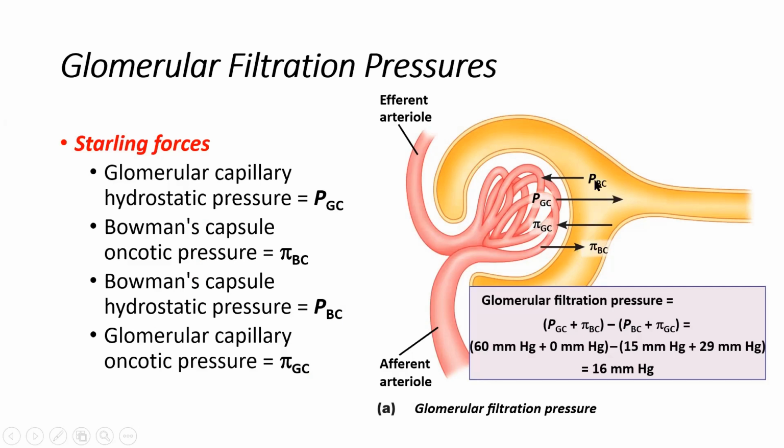Based upon that understanding, which of our four Starling forces should always be zero? So take a minute or so and just think about that idea. If proteins should never exist in the Bowman's capsule, if they should not be able to move across the glomerulus, which of our four Starling forces should always be zero?